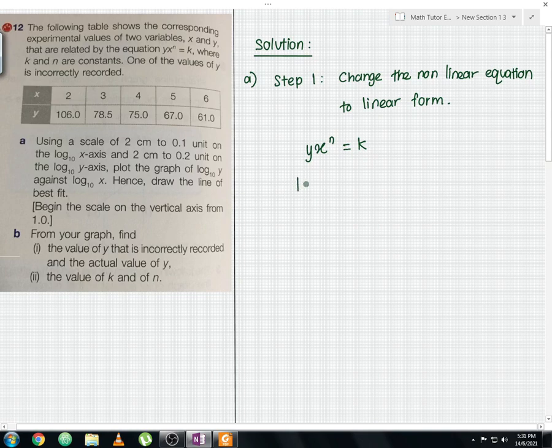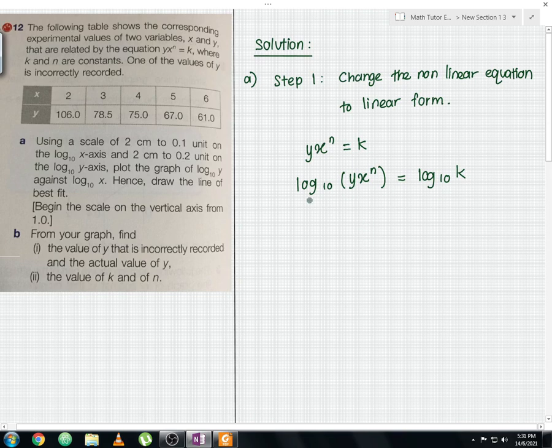So from here, log base 10, okay, and then in a bracket y times with x to the power of n, okay, and then equals to log 10 k. Let me write this properly, guys. Okay, so let us continue to the next step.